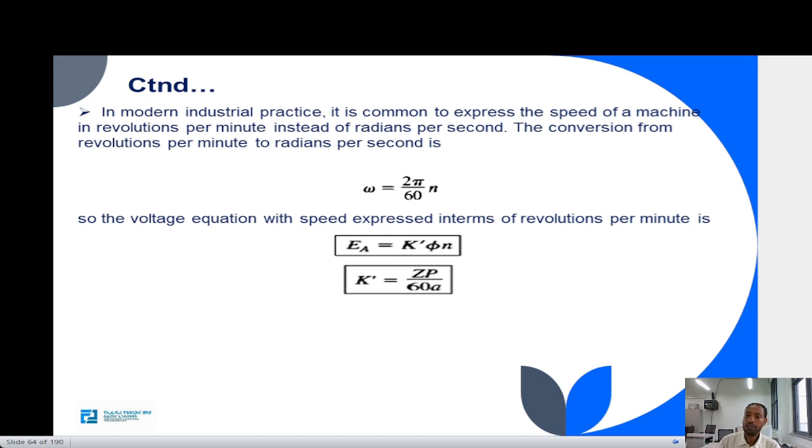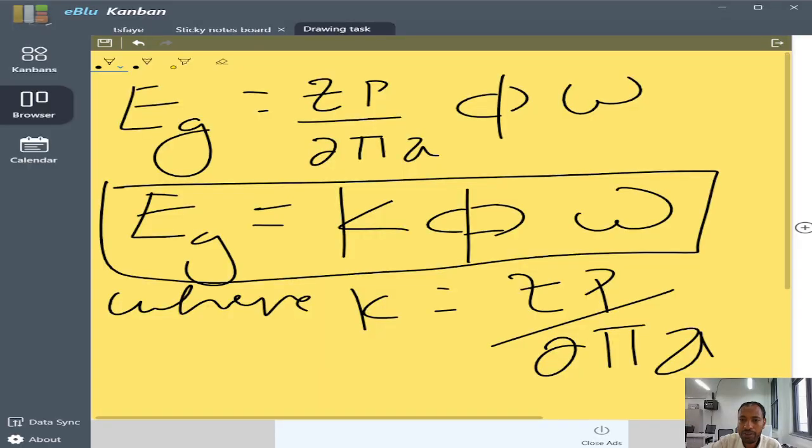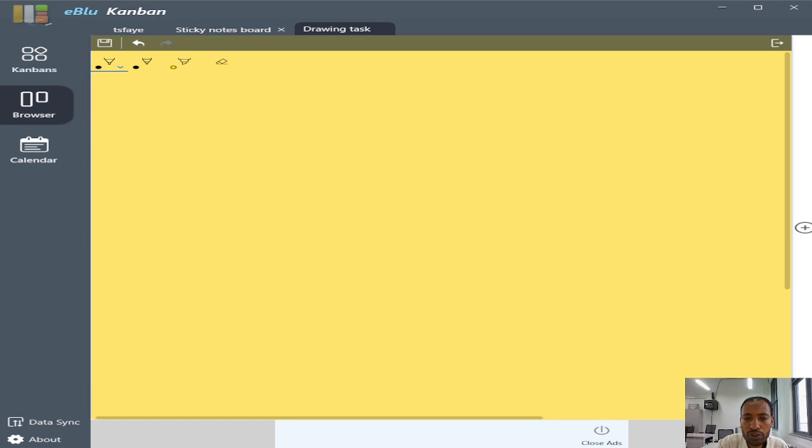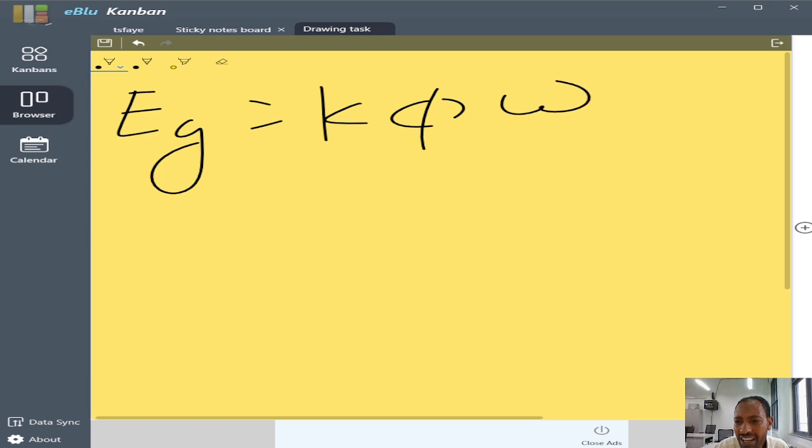So we are in a position to convert rad per second into revolutions per minute. The conversion from revolutions per minute to rad per second can be done using this formula. If we replace this in the previous equation, we said EG is K phi omega.